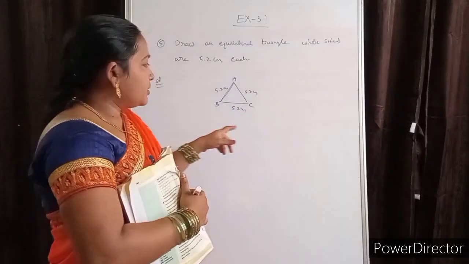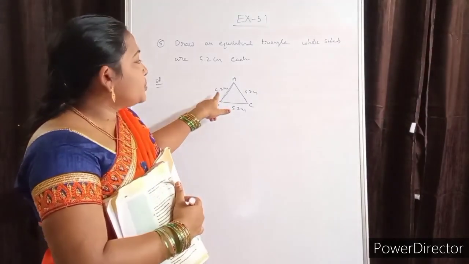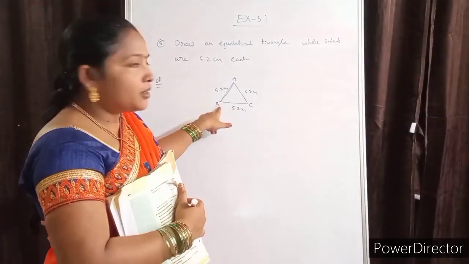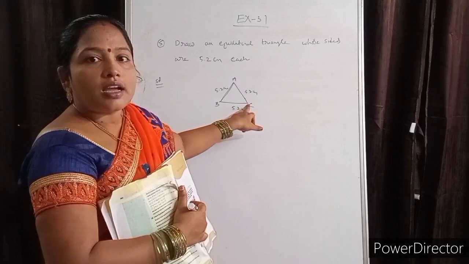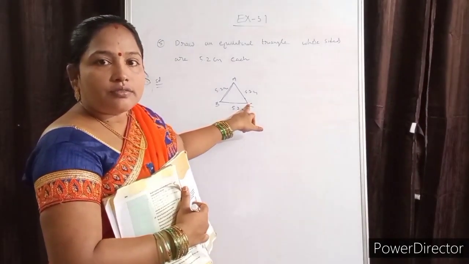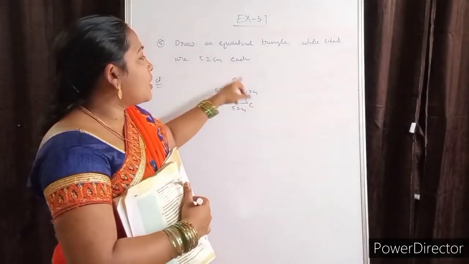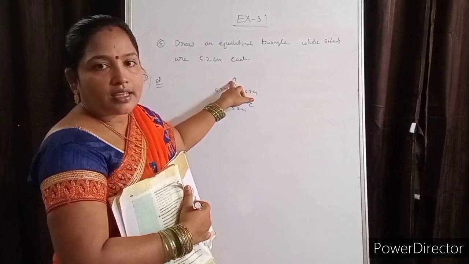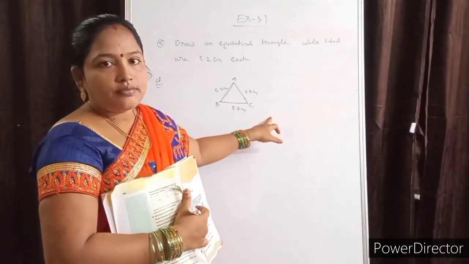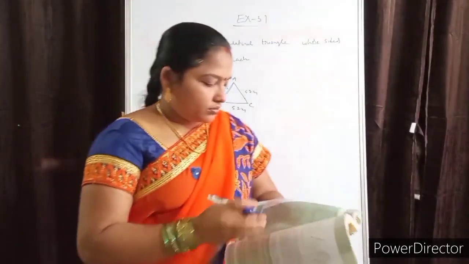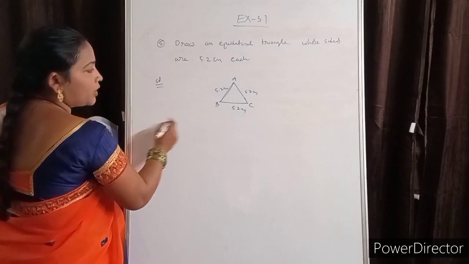Second, draw an arc of 5.2 centimeters radius with center B. Next, draw an arc of 5.2 centimeters radius with center C. The two arcs intersect at A. Join A to B and A to C. You have to do this construction.